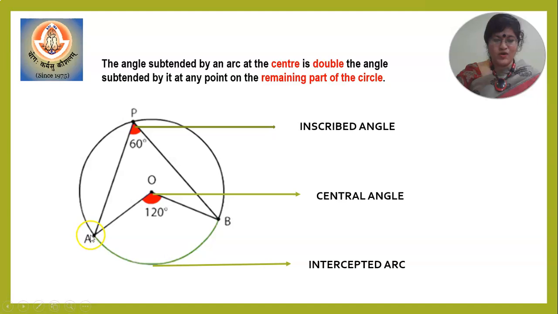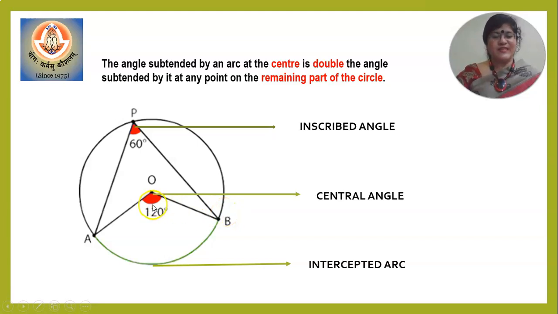Okay, because if you look at this arc AB, it is forming an angle on the circle. And which is the angle that is formed on the circle? It is APB. So this angle APB is called the inscribed angle. And the inscribed angle will always have an intercepted arc. That is, which arc forms that angle. So this is the arc AB.